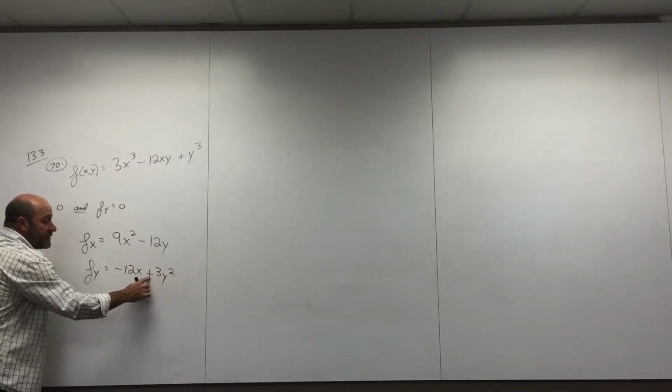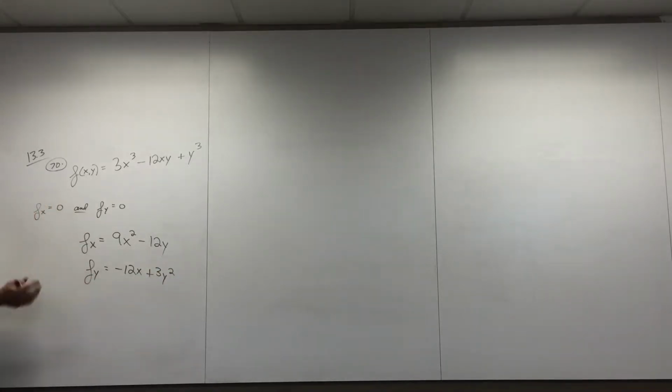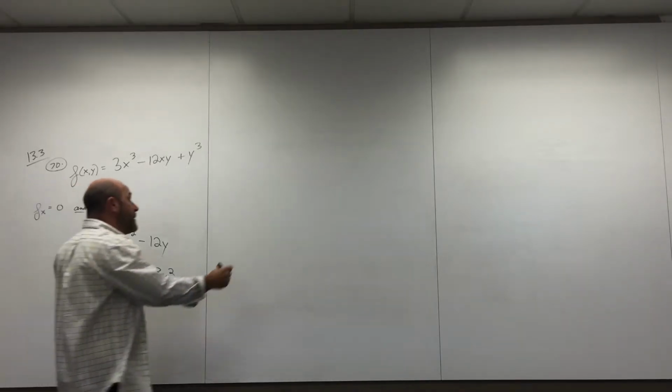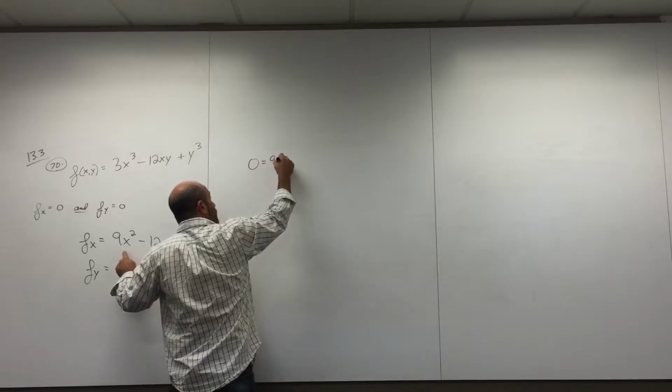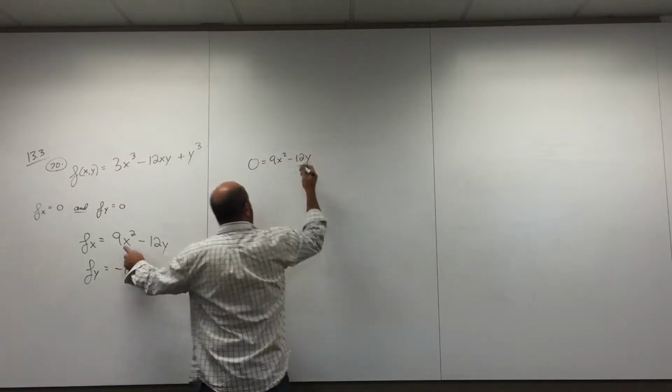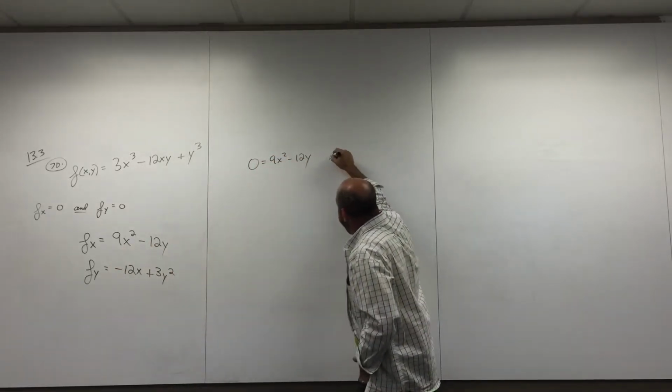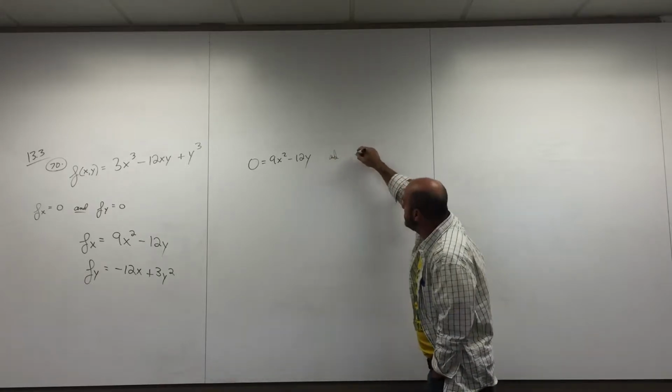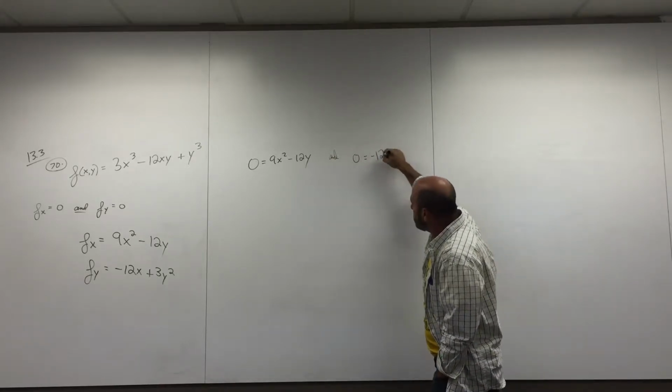Okay, well, that's easy. But now not only do I want these derivatives, I want to do something with them, and they're asking this question: when do they simultaneously equal 0? So this problem sort of turns into two equations, two unknowns. I'm solving when does this equal 0 and when does this equal 0.